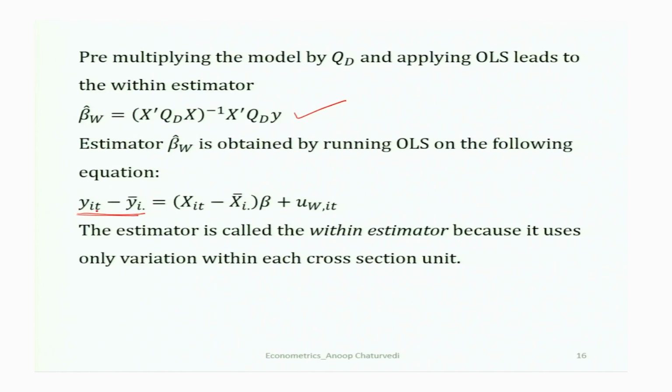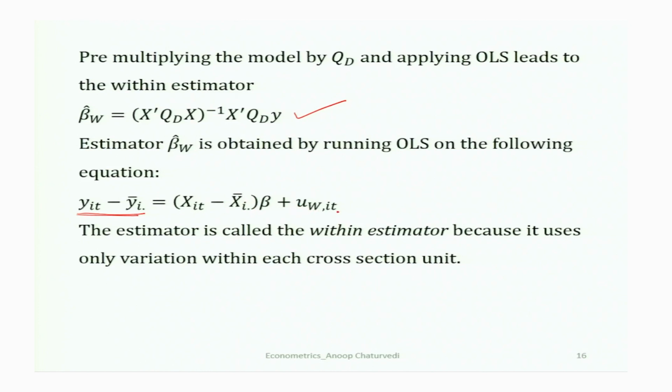How much y i t is varying from the within group mean equals x i t minus x bar i dot times beta. Again, this gives you how much x i t is varying from the individual specific mean, the mean of the ith cross section, plus say u w i t.